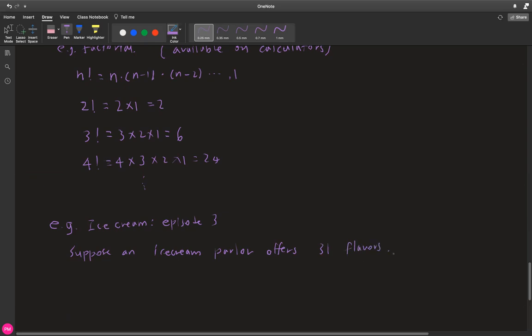And one of the specials, let's say, is the true double.